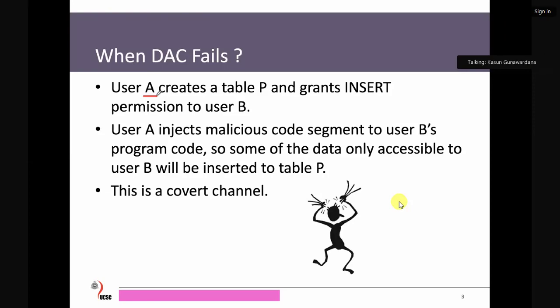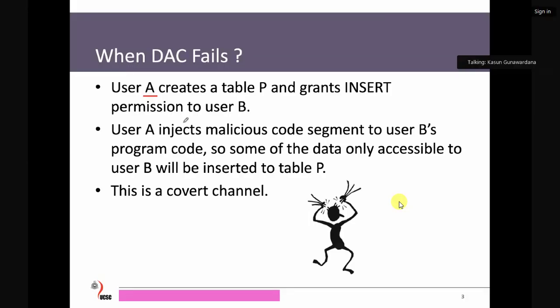So I will repeat it again. User A is creating a table and grants insert permission to a different user, user B, and then user A inserts a malicious piece of code into user B's program.